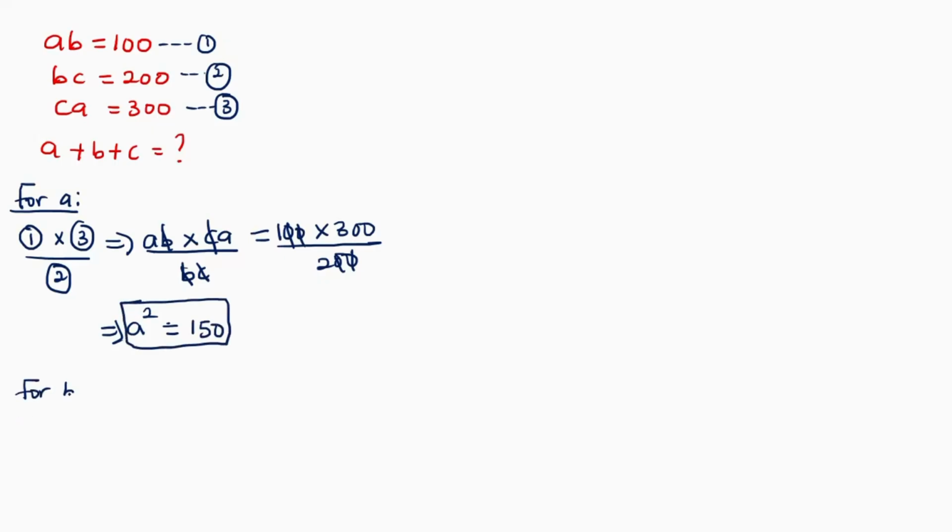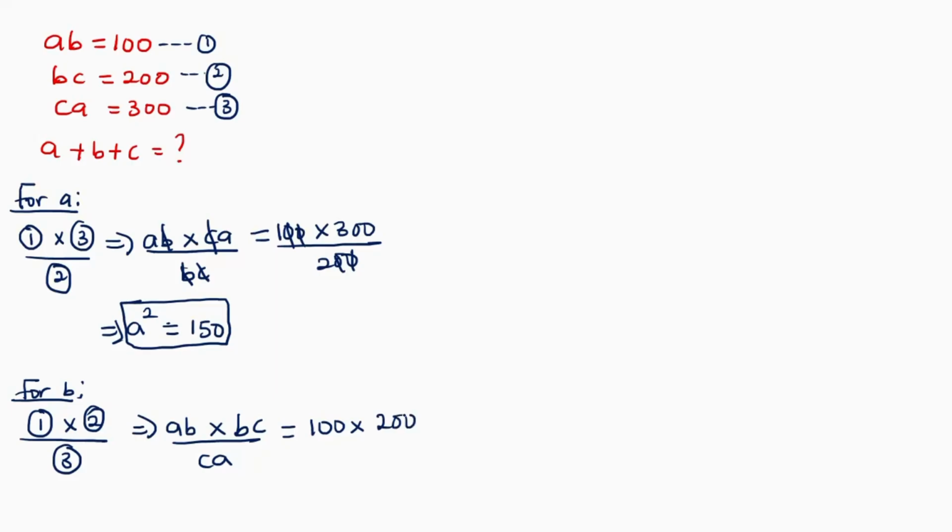For B, all we want to do is to multiply equation 1 by equation 2 and divide through by equation 3. This implies that we have AB multiplied by equation 2, which is BC, over equation 3, which is CA, which is equal to AB, which is 100, multiplied by 200 over CA, which is 300.